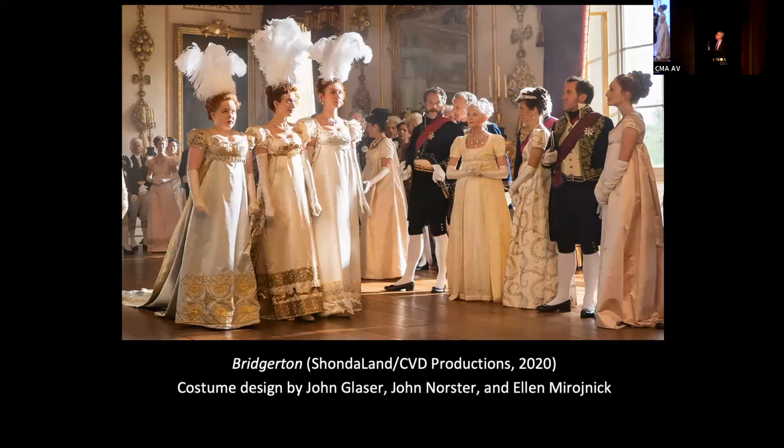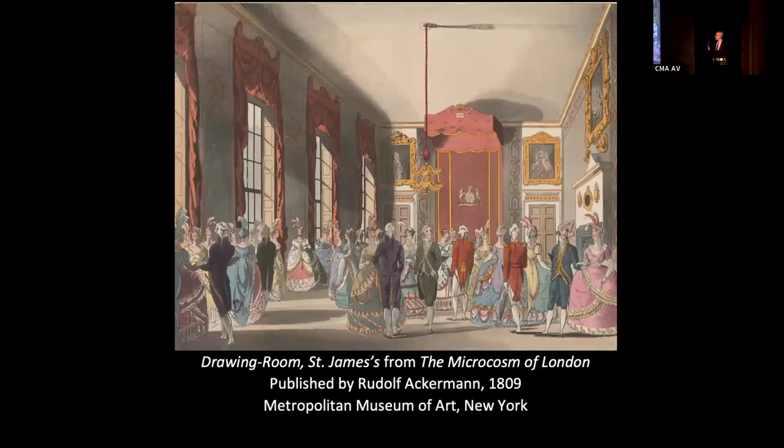The other thing is that the costuming, the court dresses, are really inaccurate for the British court in 1813, because this is a print from another publication of Rudolf Ackermann's The Microcosm of London.